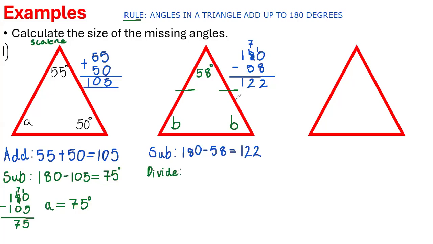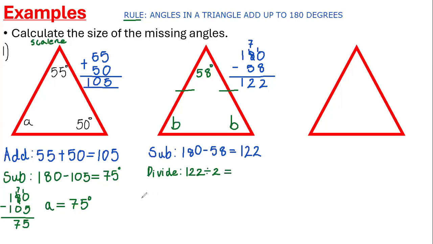We already know that 122, but we have to split 122 into 2 equal parts because we have to share it between this B and this B. So 122 degrees divided by 2 equals what?